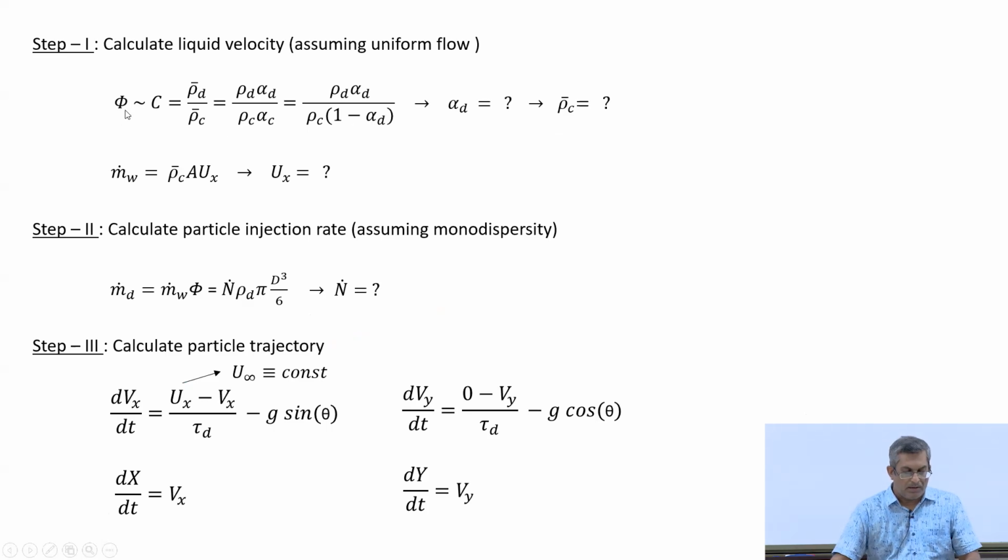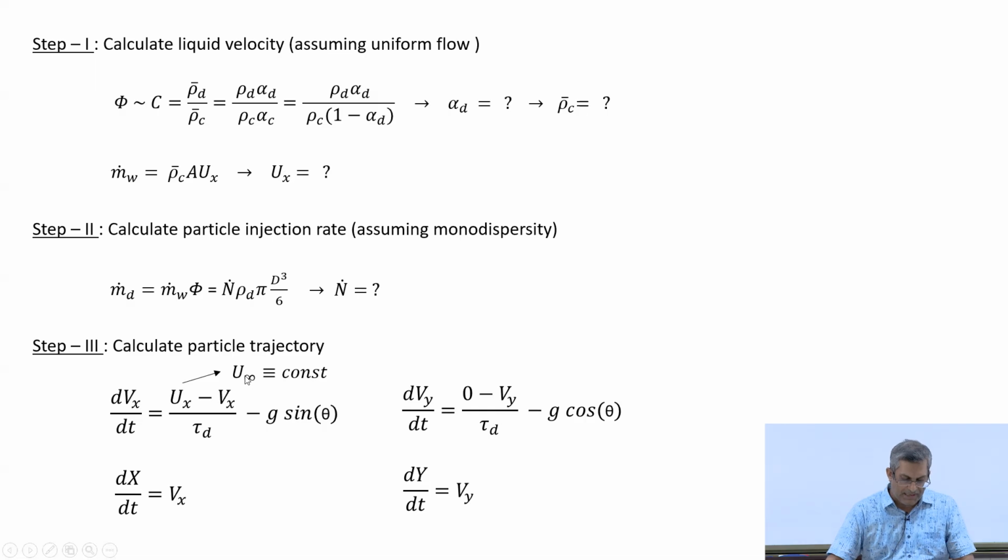We first calculate the volume fraction from the mass loading ratio which is given, and from there we can calculate the average velocity of the fluid. Then we can calculate the particle injection rate, and then to find the particle trajectory we rely on the momentum equation for a single particle.